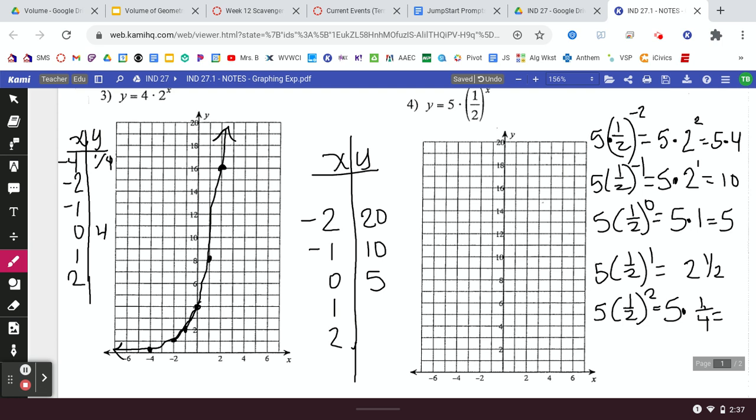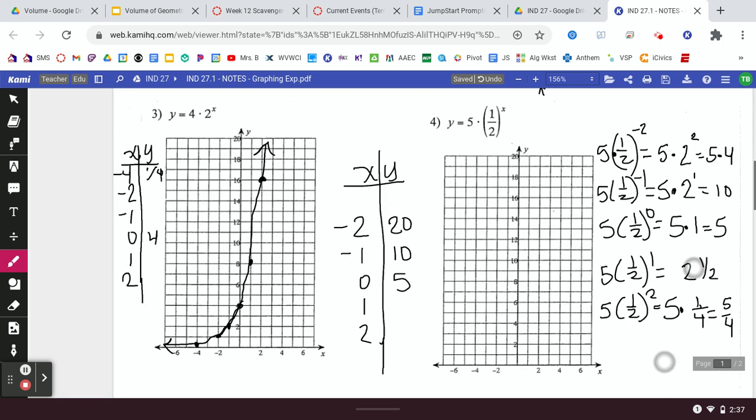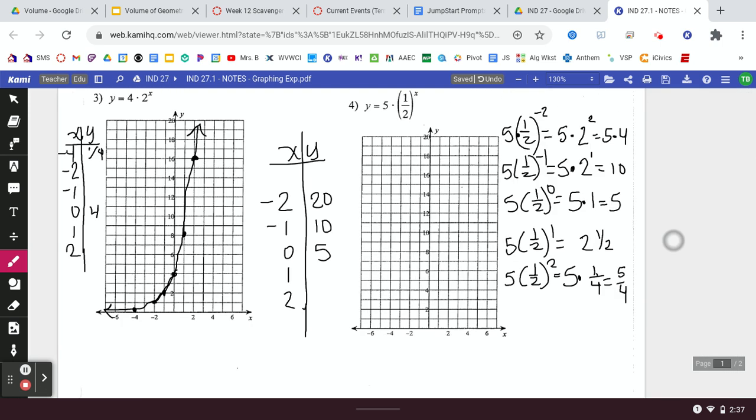And if I were you, I would first multiply across the top. So 5 times 1 is 5 over 4, but 5/4 is kind of a hard number to graph. So convert it to a mixed number. So that would be 1 1/4. And oops, I forgot to fill in my t-chart with my 1 value. So when I put 1 in, I got 2.5. When I put 2 in, I got 1 1/4.